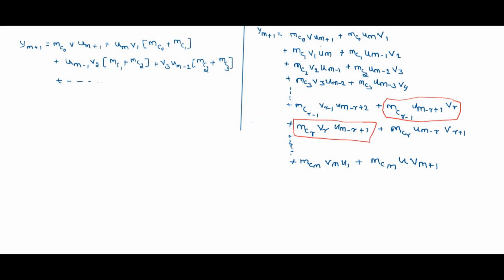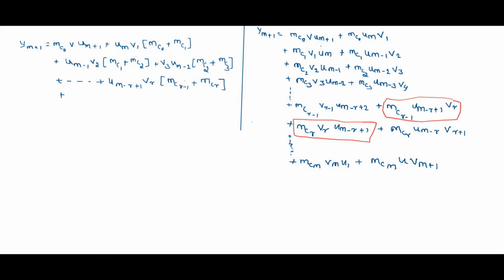From these two terms you can take U^(M-R+1) and V^R common, and then the remaining terms are MC(R-1) plus MCR.